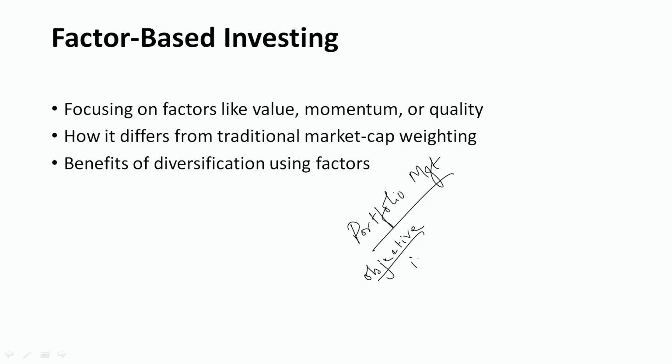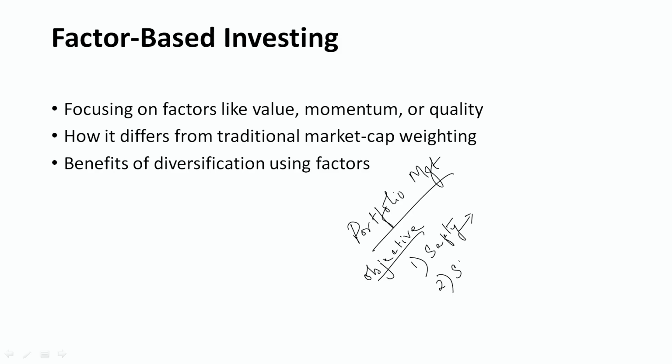Okay, so the first objective you're talking about is safety. Is the stock which you have identified safe for me to put my money? Will my money be returned at least to the extent of how much ever I have invested? That is one important criteria, and that is where you are trying to look at the ratings by rating agencies and other things. So that talks about safety of the stock.